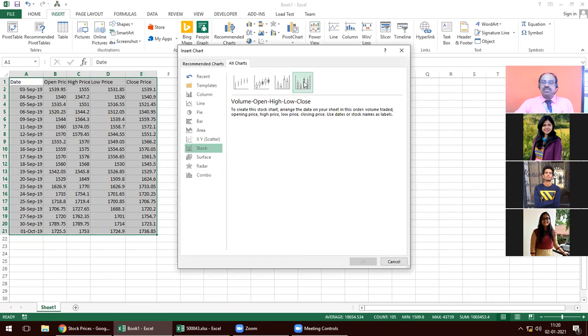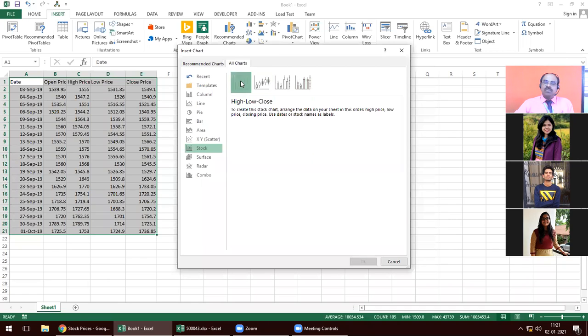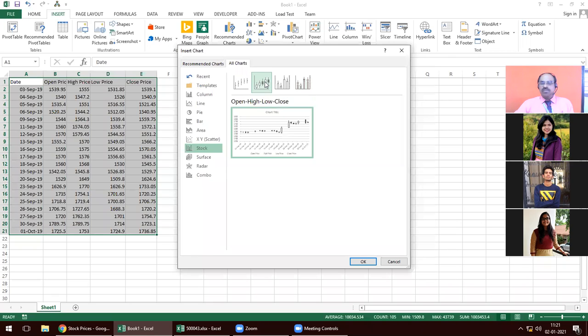There are three charts. Last one we will prepare later after this graph. Volume, high, close. This is the candlestick. Select the second one. First one also you can show, but it shows only the high price, low price. Second one means you can go for opening, high price, low price.